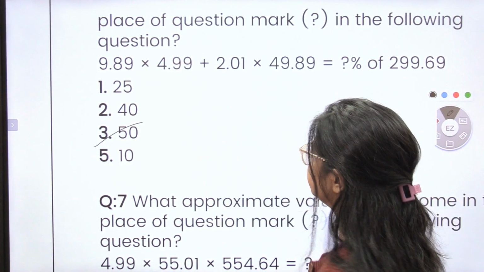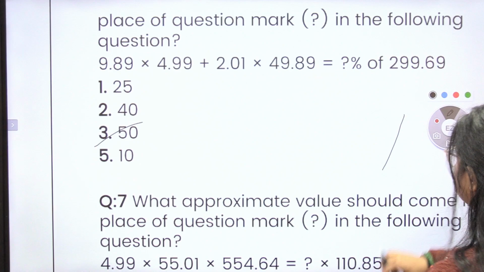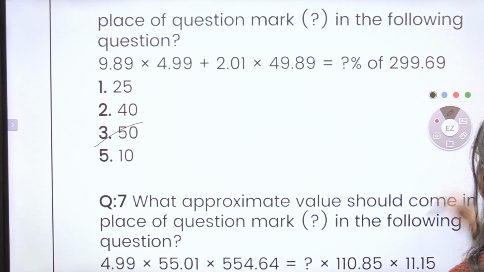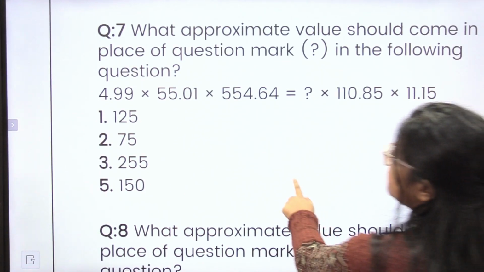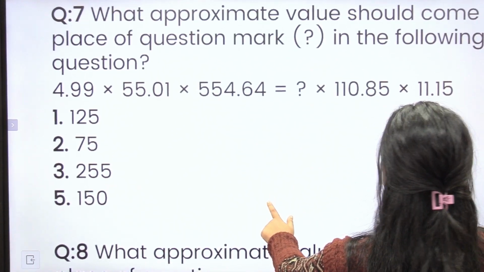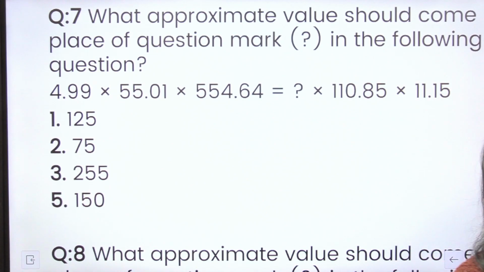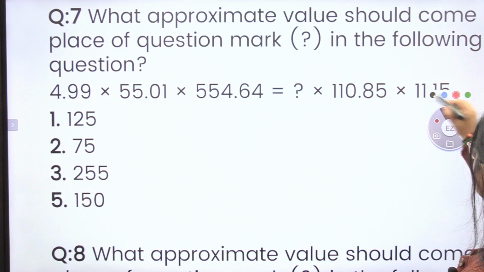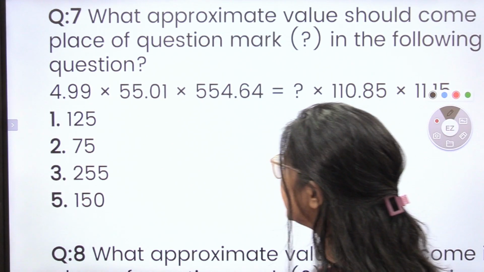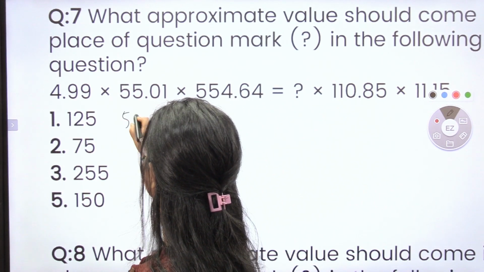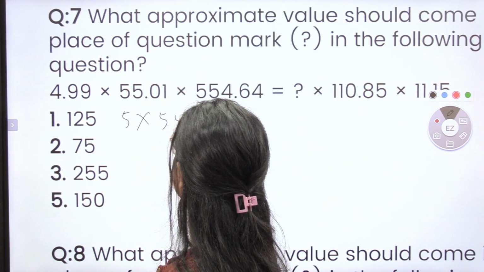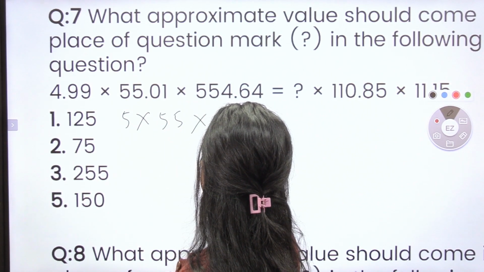Next question. Question number 7. Let's see question number 7. 499 into 5501, that means 5 into 55 into 5.